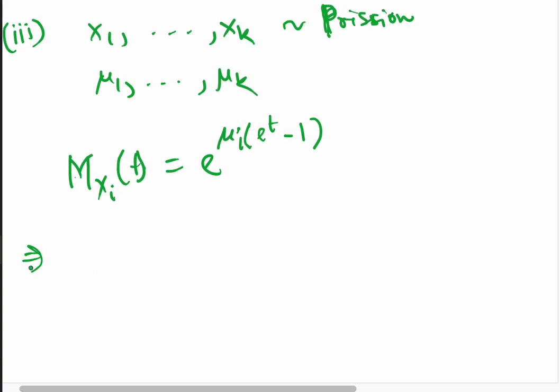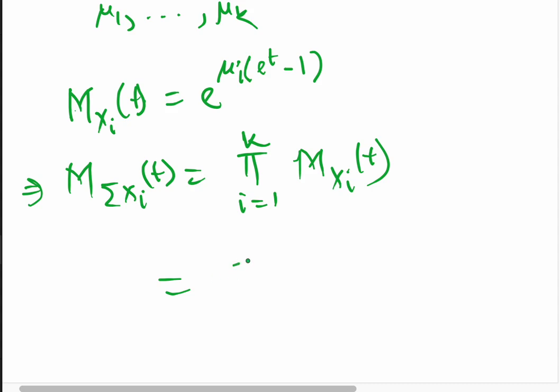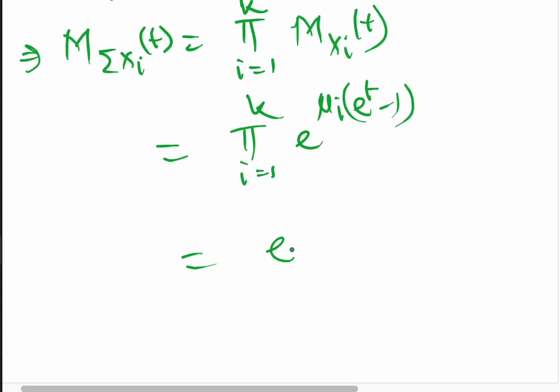Now the moment generating function of this summation, since all these are independent, we can multiply them. So this is basically the product from i equal to 1 to k of e to the power mu i (e^t minus 1), which is e to the power sigma mu i (e^t minus 1).